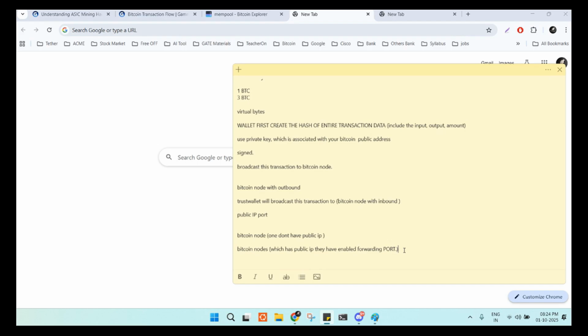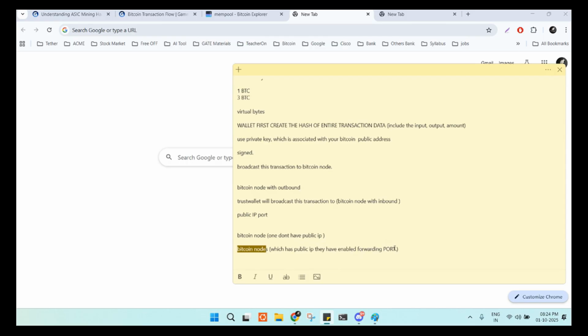Who decides which node my transaction will go to, public IP or not? It will only go to the public IP, because that is the only way you can start, but there is not only a single node with a public IP and port, there are multiple nodes with multiple IPs and ports.